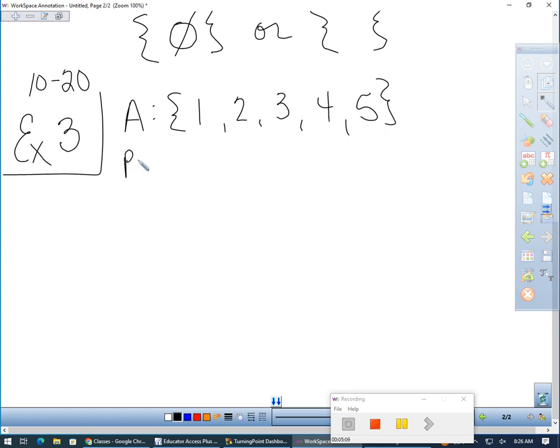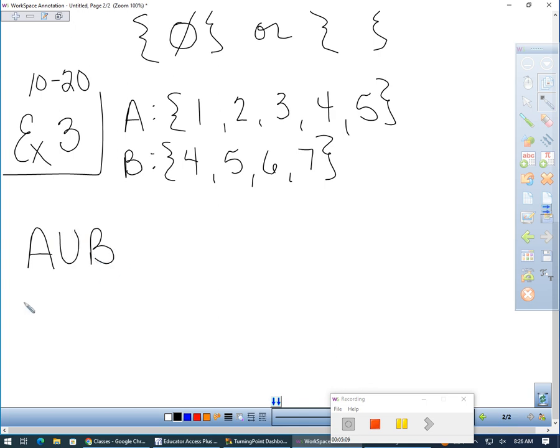And set B is 4, 5, 6, and 7. So we have two sets here. First thing I want you to do is A union B. When we say union, that means it is all the elements all together. So the union of these is 1, 2, 3, 4, 5. 4 and 5 are already there. 6 and 7.